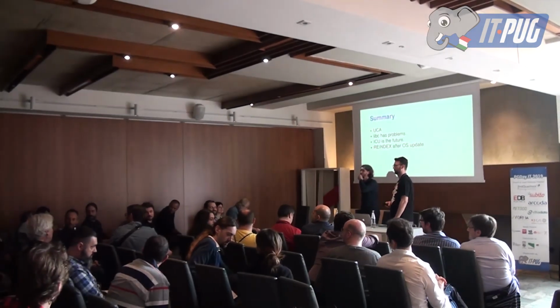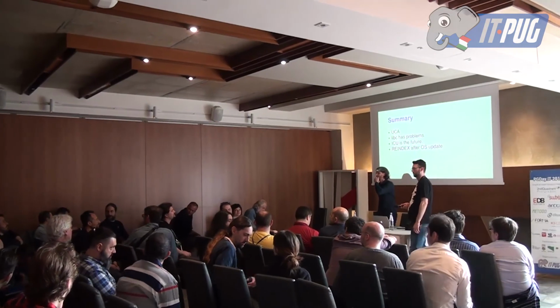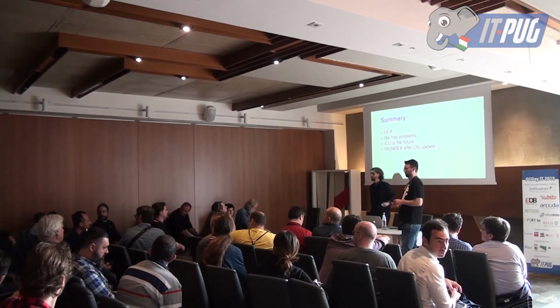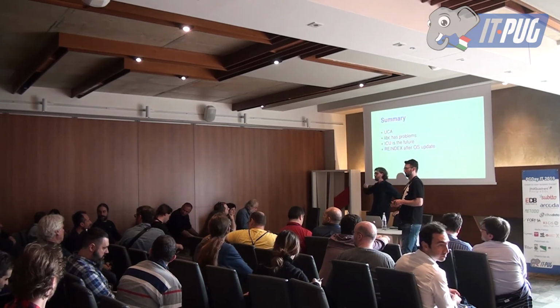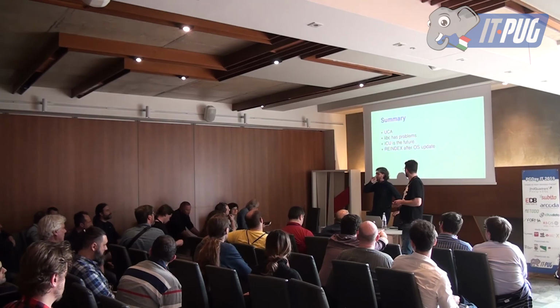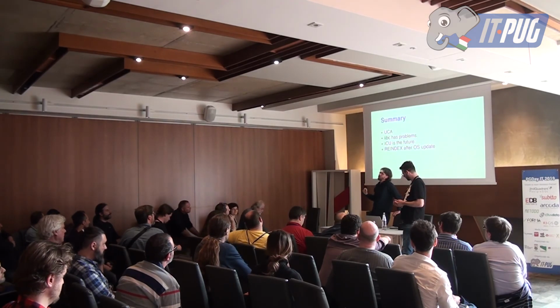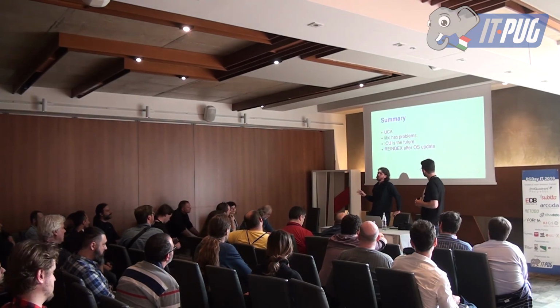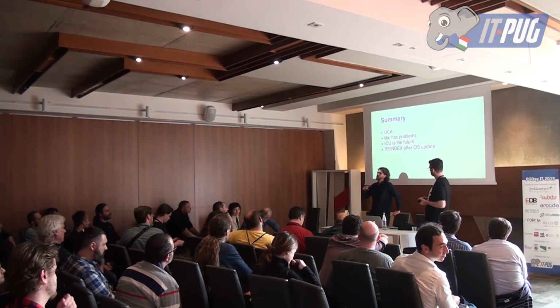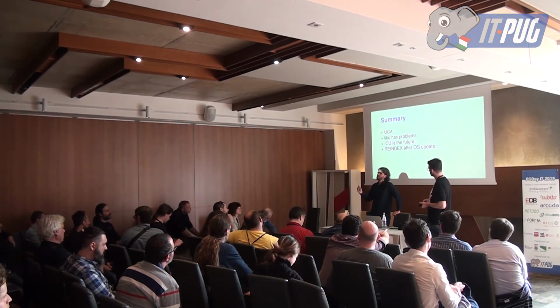Question? Small question. Is there any other mode to solve the accent insensitivity on older Postgres? For accent insensitivity in older Postgres releases, you can use the unaccent contrib module, which just removes all the accents. So that's kind of the same as lower, basically.